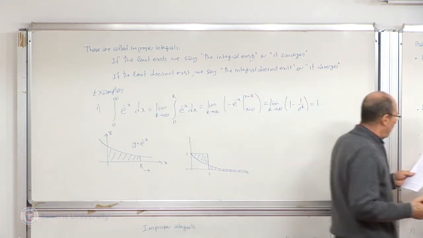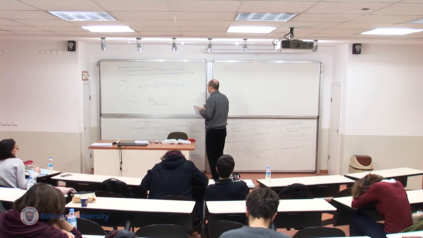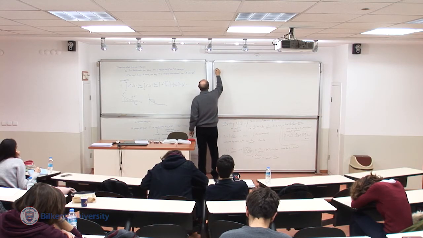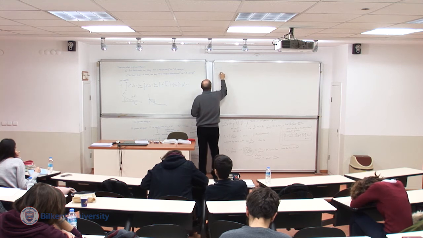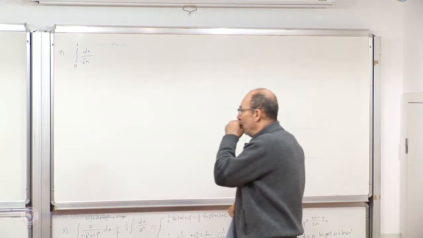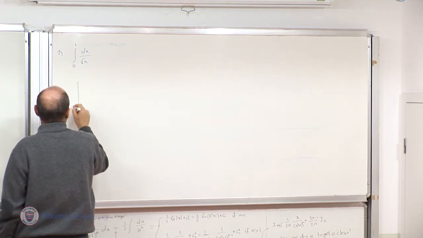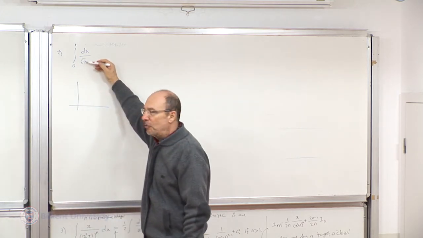So the second one is going to be a special case of a general type of integrals: from 0 to 1, dx over square root of x. 1 over square root of x goes to infinity when you put x equals 0 here.